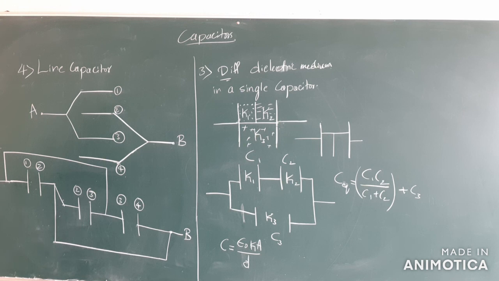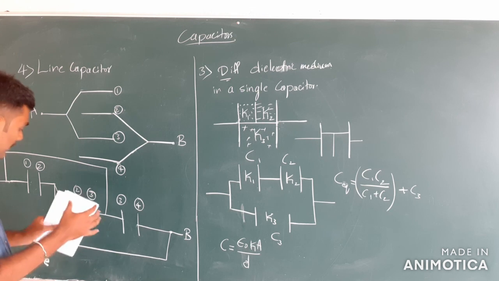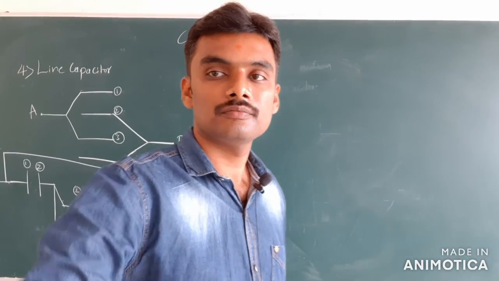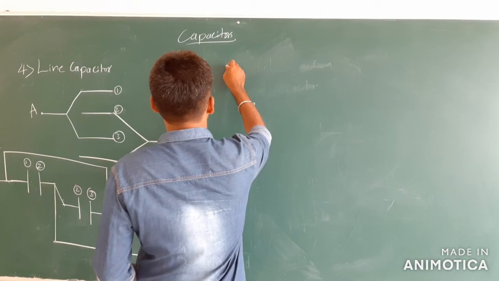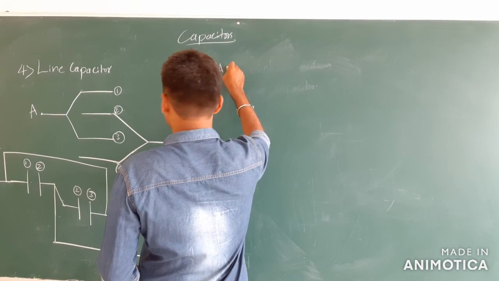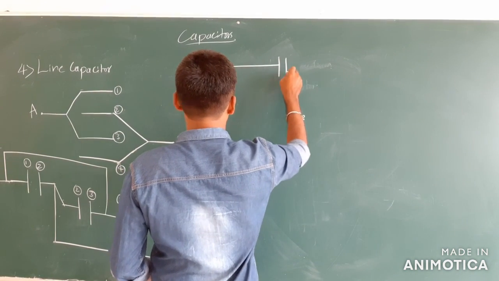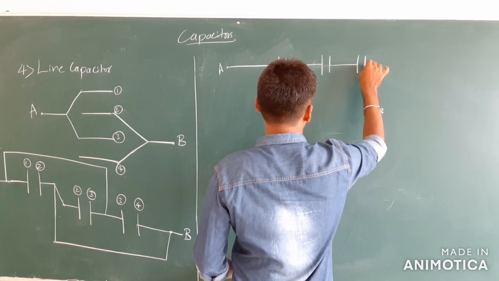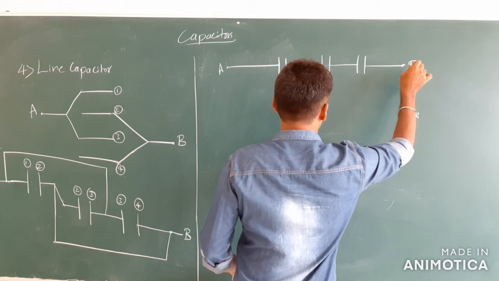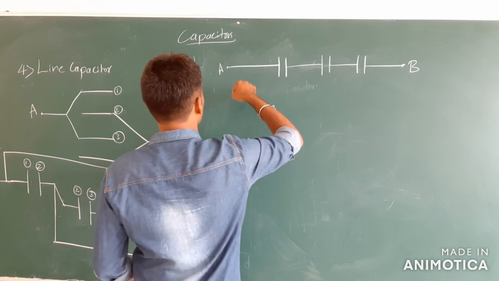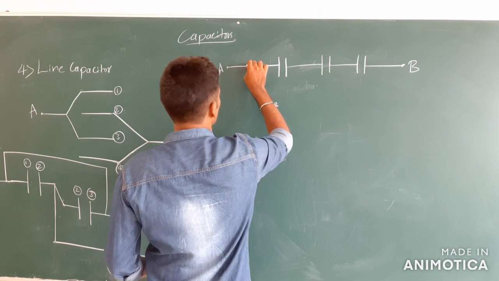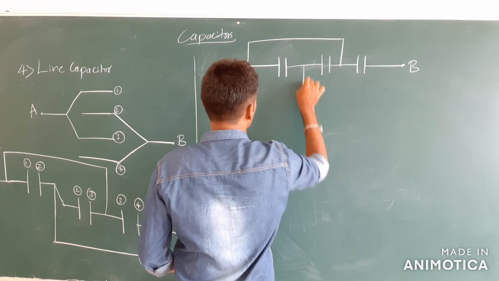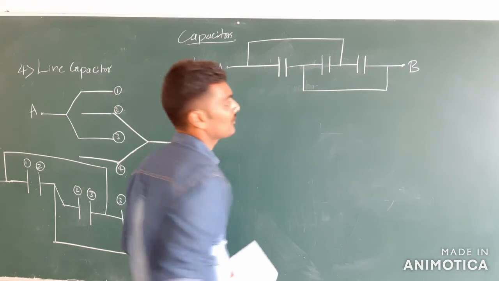Now if I move a step ahead and reduce this again, the circuit would look somewhat like this. From A, one capacitor, and one more capacitor, one more capacitor. From the surface, when we look at it, it looks like a series combination, but it is not, because we have one more connection from A to this and this to B, right?